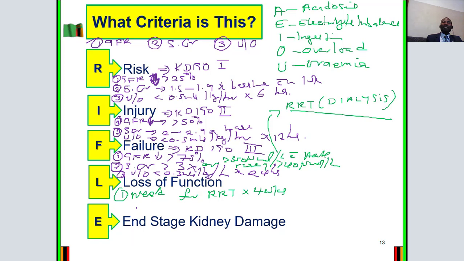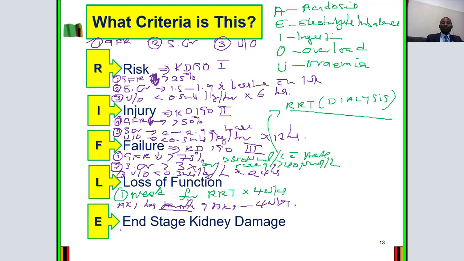It simply means that acute kidney injury has persisted. So there is persistence of acute kidney injury for how long? For 4 weeks, which is 1 month.